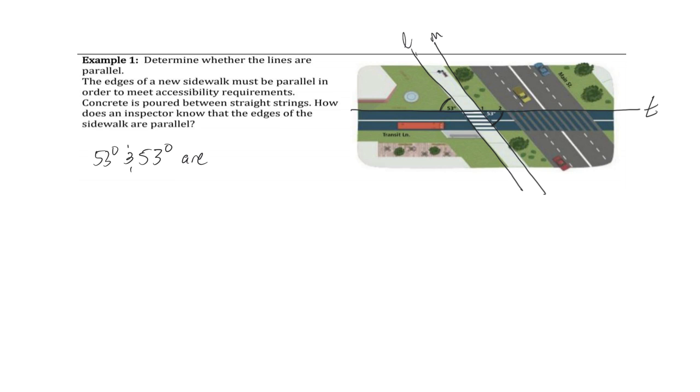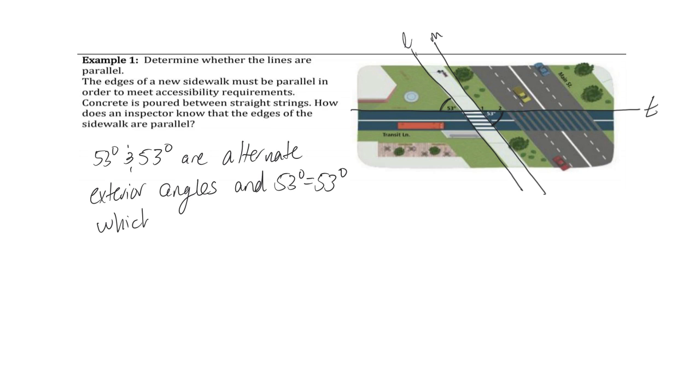They're on opposite sides of our T, our alternate. And then on the outside, right? They're on the outside of our two parallel lines. So they're alternate exterior angles. And 53 degrees, right, is equal to 53 degrees, which means they're congruent.